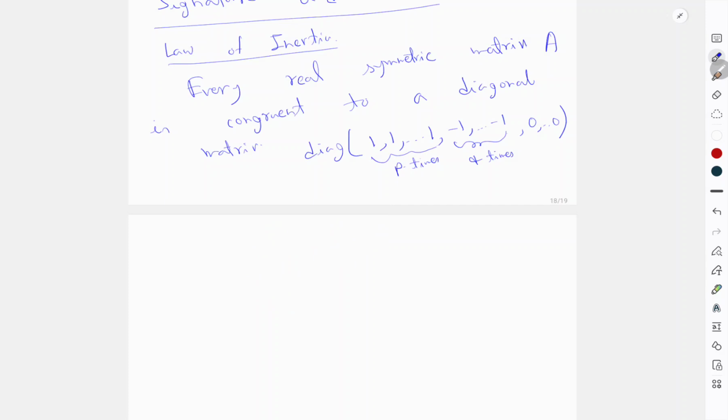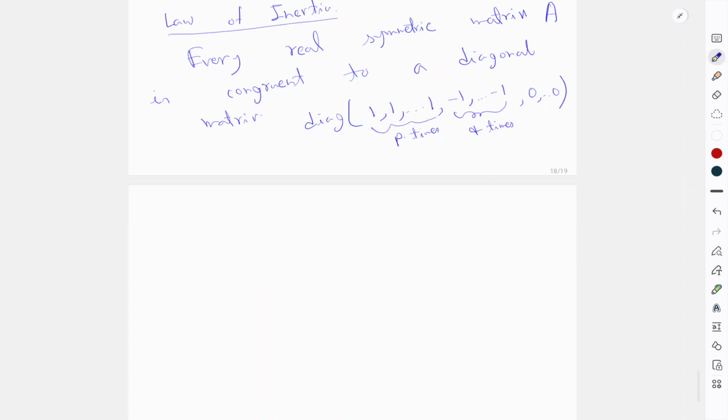Now P is the number of positive ones, Q is the number of negative diagonal entries, right?